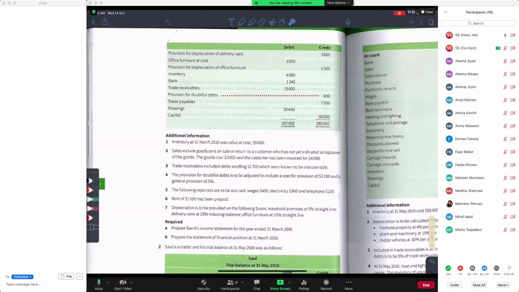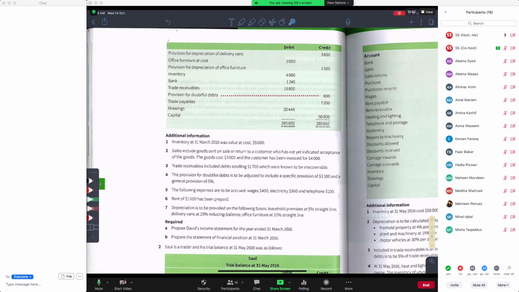But the point over here is, if you send me goods on a sale or return basis and you have not received any acceptance, or I have not indicated my intention to buy these goods from you, these goods are not sold. These goods remain unsold until you receive some sort of a confirmation from your customer that the customer is buying these goods.